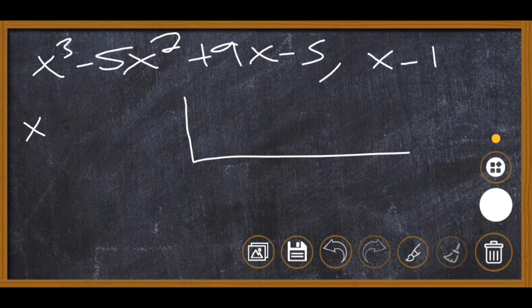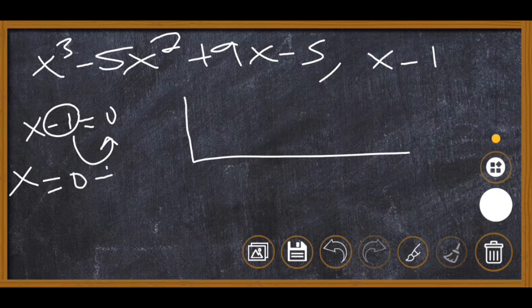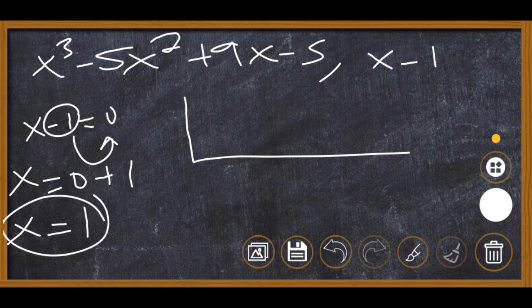So we are going to have x minus 1 equals 0, and then when we take this negative 1 to the other side, we are going to have 0 plus 1, and 0 added to 1 is simply 1. So here we are going to have positive 1. Then here you simply have to write the coefficients of x values.